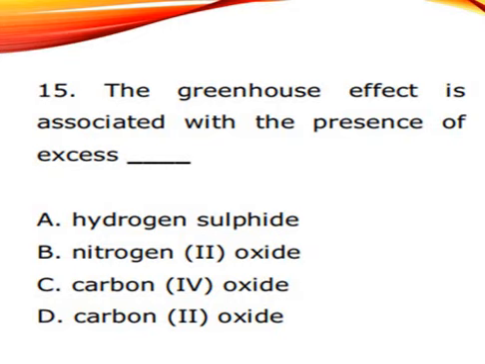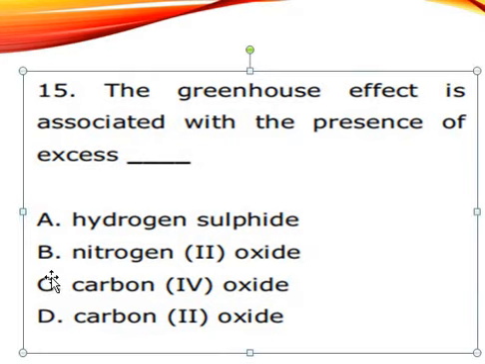So the major reason for greenhouse effect is when there's a lot of combustion and the burning of fossil fuels, and that's a process that leads to the release of carbon dioxide into the atmosphere. Therefore, you can say that the greenhouse effect is associated with the presence of excess carbon dioxide, which is C.